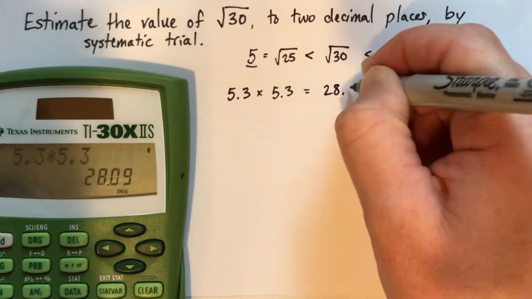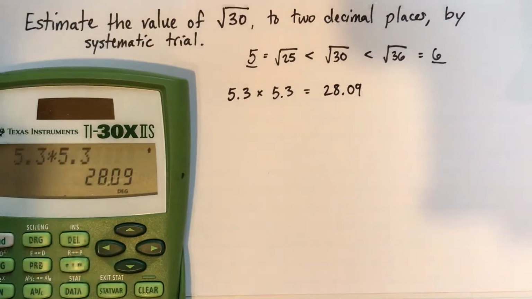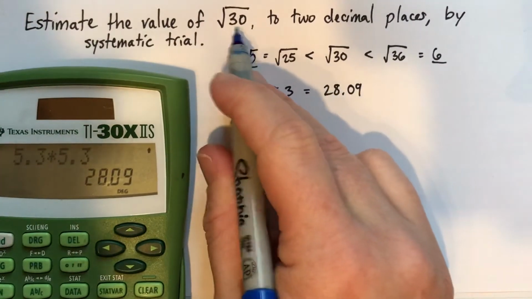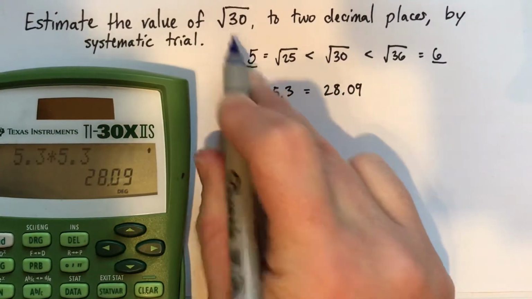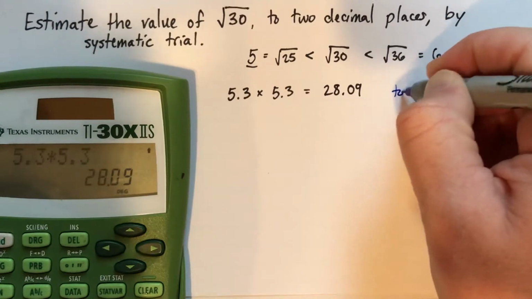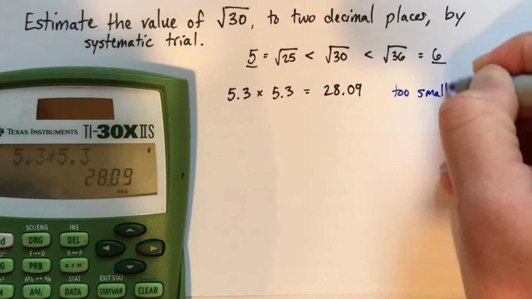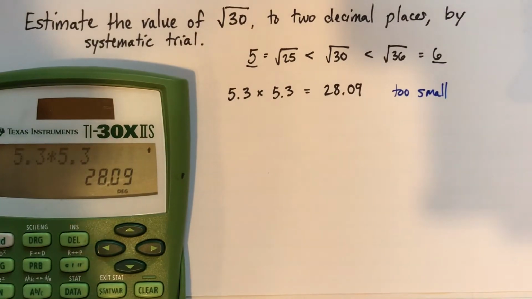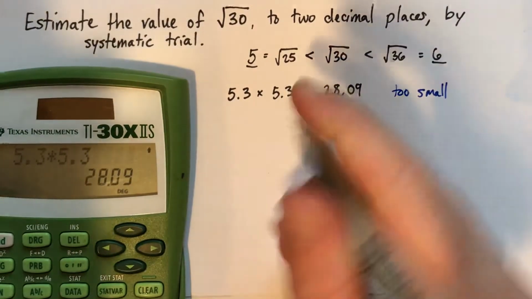So that's 28 9/100. So let's just decide, is our number too big or too small? We're looking for it to be 30 or as close as possible. So this is too small. And it's worth being really organized in your guessing and checking so it doesn't take you forever to find the right number. So let's go to maybe 5 4/10.